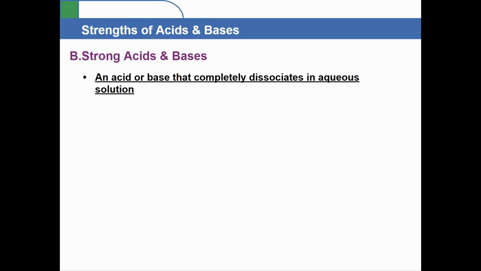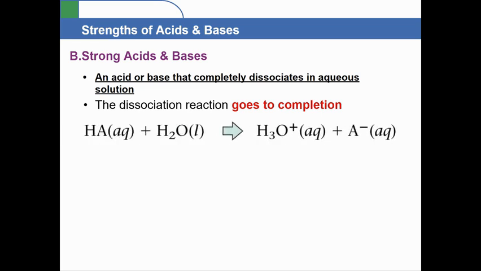In other words, the dissociation reaction goes to completion. It goes all the way. It's a one-way arrow. For example, here you have a generic acid that reacts with water. You notice it's a one-way arrow, thus producing hydronium ions and whatever the anion is that goes with it.